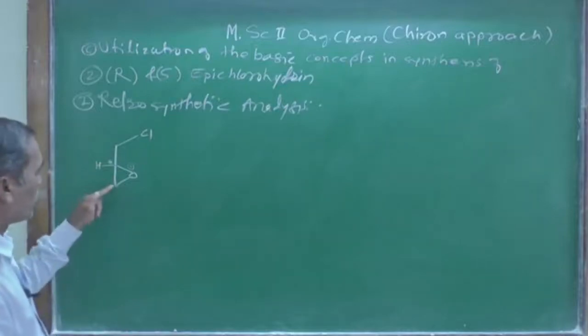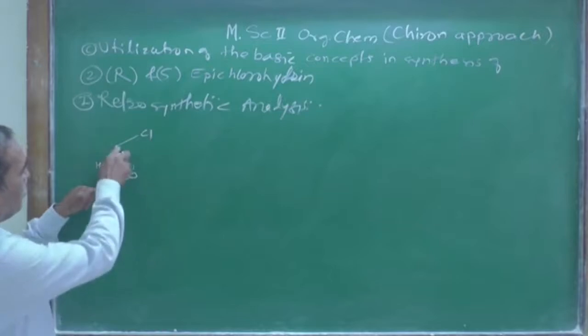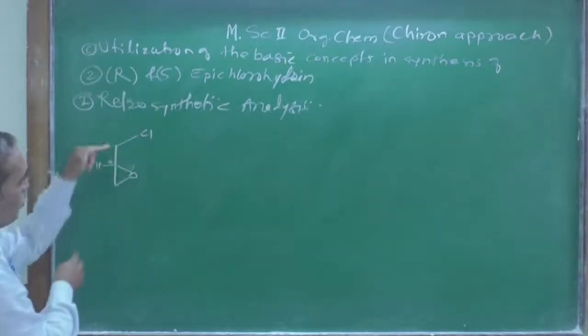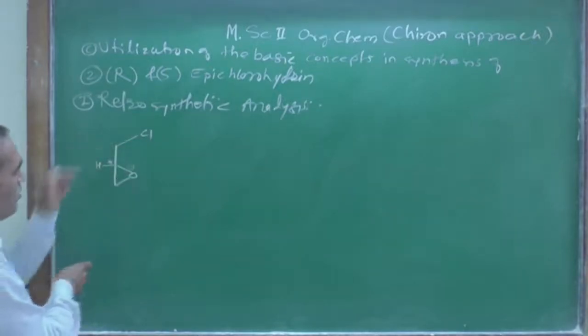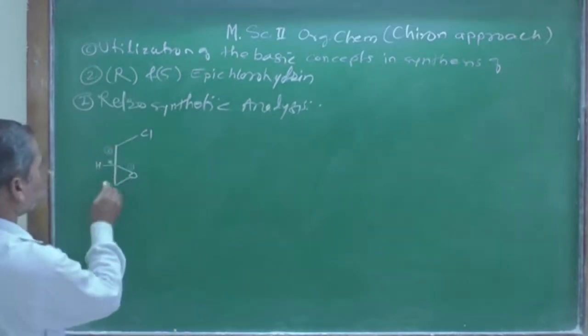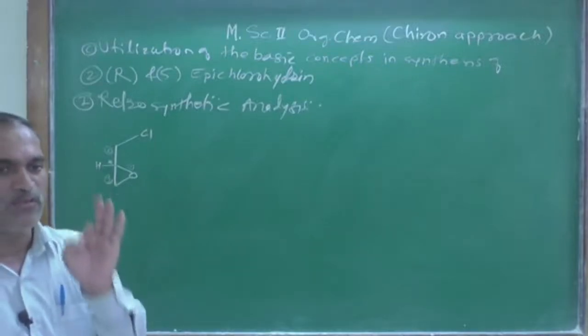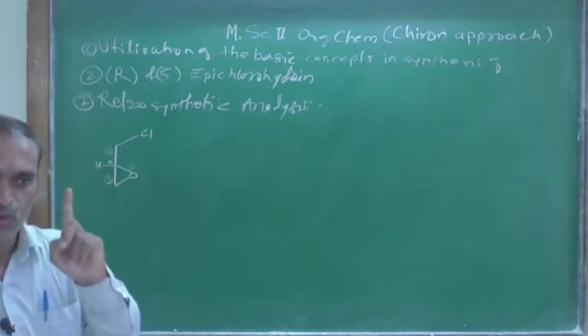The second rule tells us to go for the next atom. Here is oxygen, here is carbon and chlorine. Chlorine is bigger than oxygen, and therefore it will get the second priority. And finally this one is third. You have to look only for three priorities, 1, 2, 3.